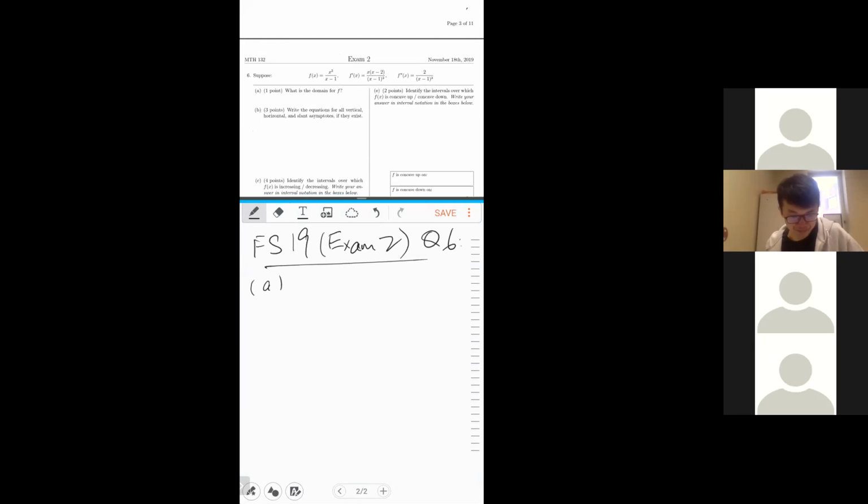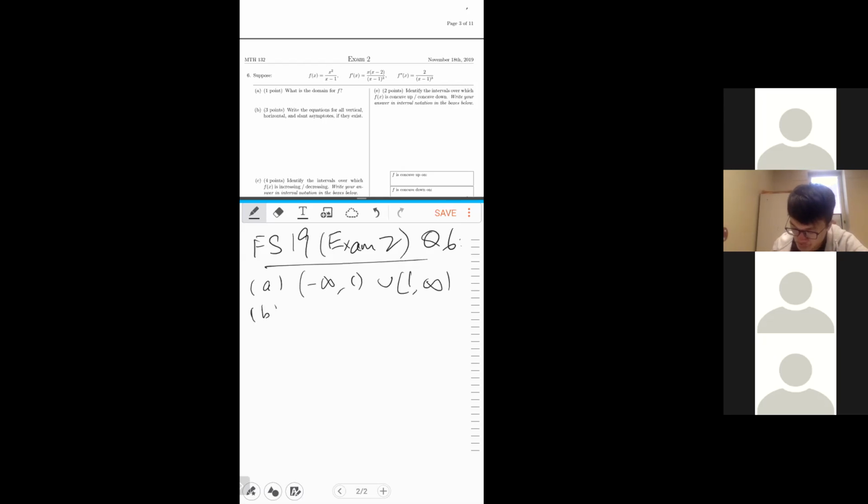You're given the function f of x, and you're given the derivative and also the second derivative. We mentioned last time that the domain for the original function f of x was everything but 1.